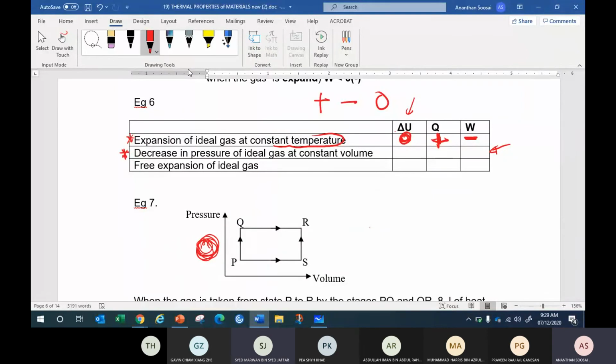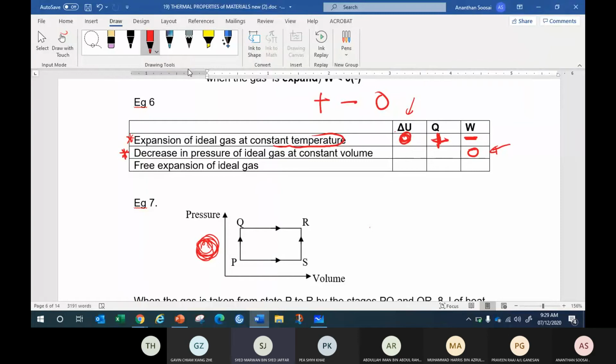Pressure of ideal gas at constant volume. Is there work done? Oh wait, no work done. Why? Because constant volume. Constant volume indicates that no work has been done. So work is zero.